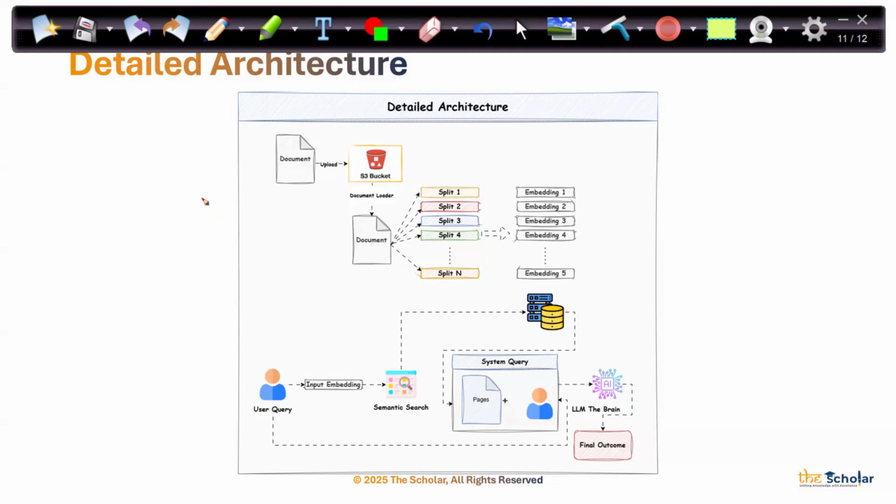All right. So now we splitted the document, right? So here you can see I have a split 1, a split 2, a split 3, a split 4, a split 5, and so on and so forth. Now, machines can only understand numbers. Machines cannot understand characters.